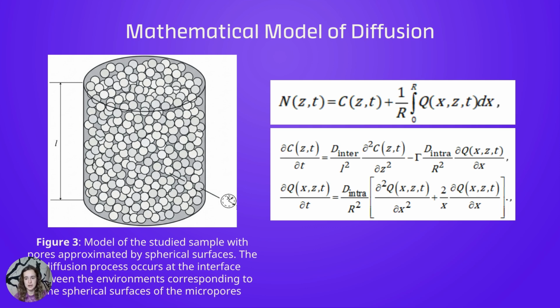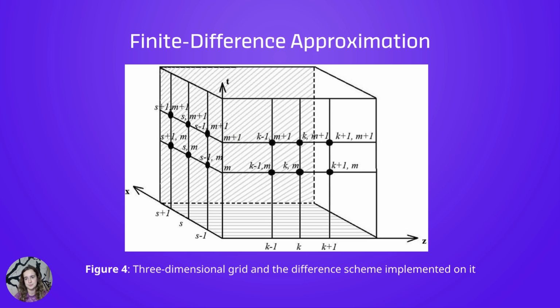The main equation uses partial differential equations to describe how the concentration of substances changes over time. The main equations are converted into a three-dimensional grid, making it possible to calculate diffusion parameters numerically.